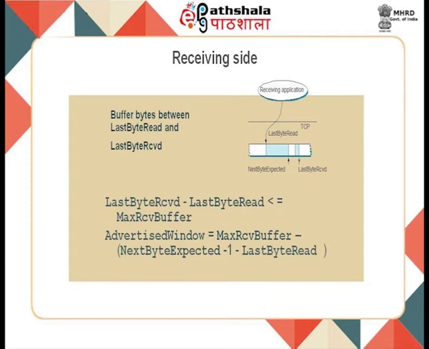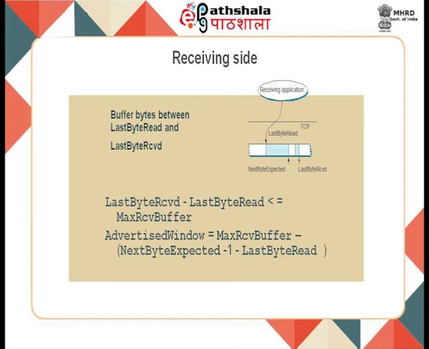That is what we get by saying the advertised window is equal to maximum receive buffer size minus the next byte expected, which will be this region, minus the last byte read, which will be this region. So, this minus this. Whatever you have in between these regions, leave that out, and whatever additional free space is there can now be given as the advertised window size.